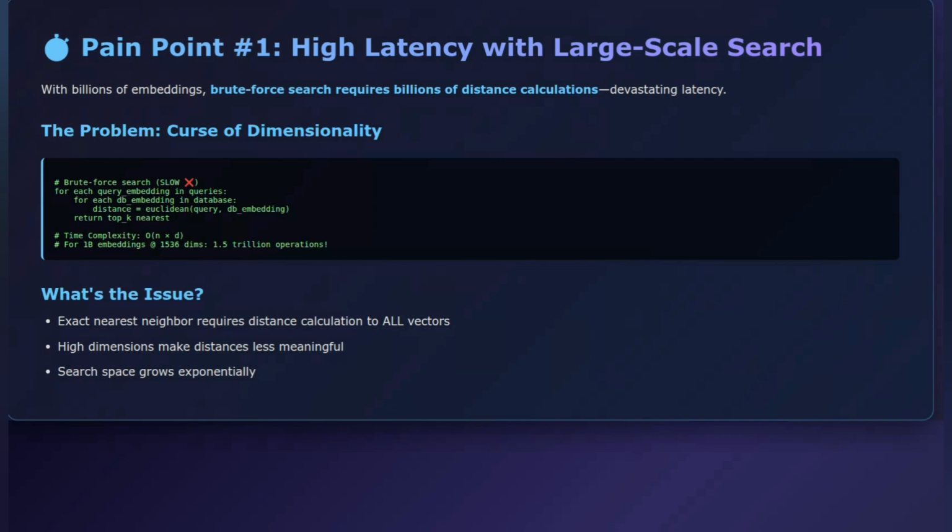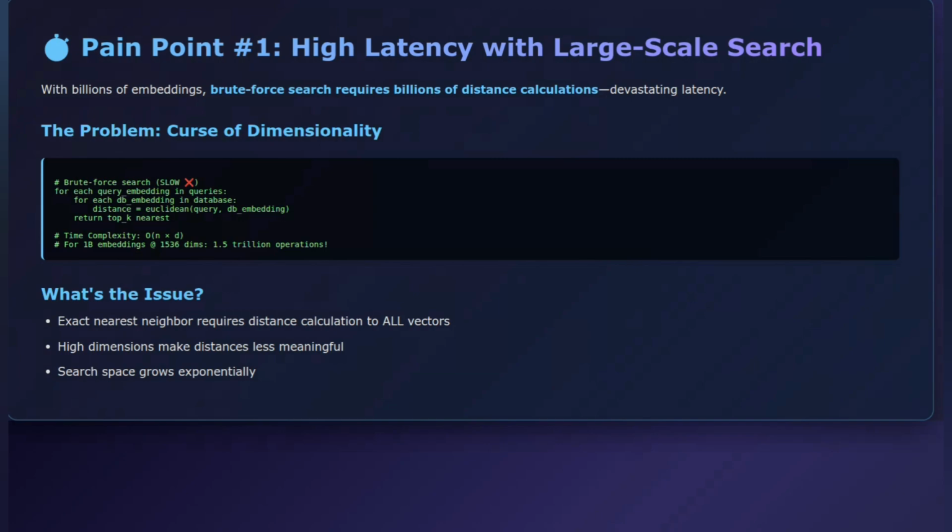Okay, I'll just calculate the distance from the query to every single embedding in the database. That's simple, right? No. That's 1 billion distance calculations across 1,536 dimensions each. That's 1.5 trillion mathematical operations per query. That's not seconds. That's over 25 minutes.